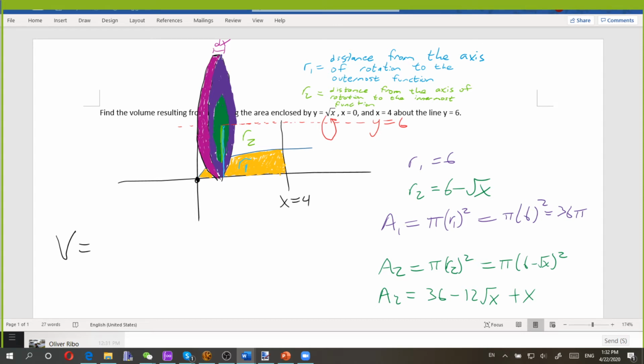Okay, from last class, if we had a two-dimensional area, we could multiply that by the depth, and we'd be able to get a volume. So what would the volume of the first disk be in purple?